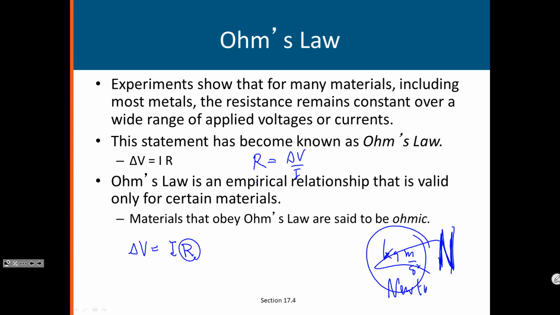So that means R is a constant. For some materials, the resistance is a constant, meaning as we increase the voltage, the potential difference, the current will increase linearly, a straight line relationship. That means the resistance is a constant.